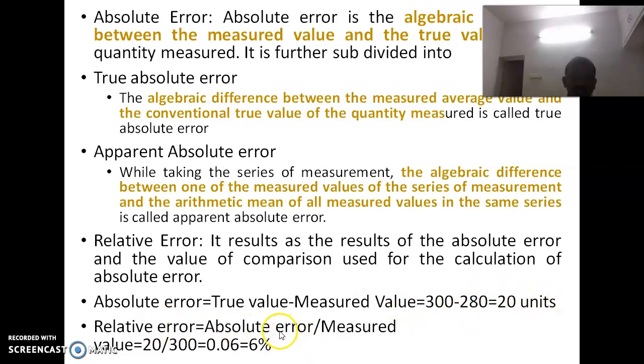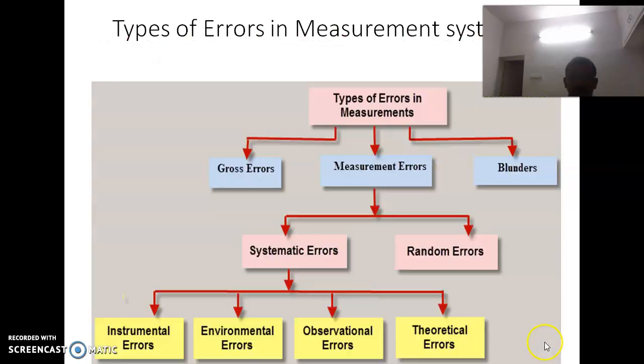Relative error is absolute error by measured value. Absolute error is 20 by 300, which is equal to 6%. So absolute error is true value minus measured value, or measured value minus true value. Then relative error is the ratio between absolute error and measured value.